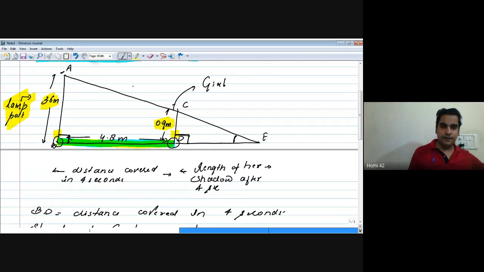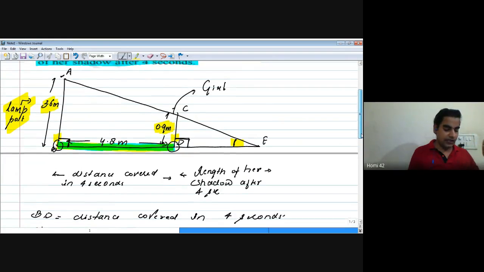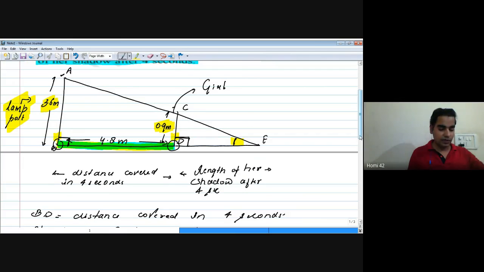This angle E is common in the bigger triangle, which is ABE, and the smaller triangle CDE. So that means we have two angles of this bigger triangle same as the two angles of the smaller triangle, right? And if that happens, then by AA similarity criteria, these two triangles can be considered as similar.